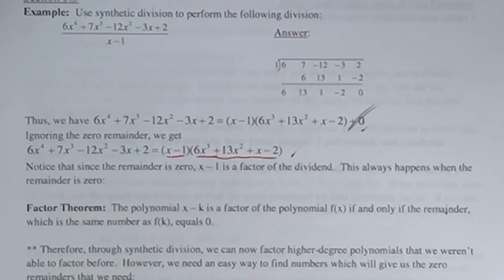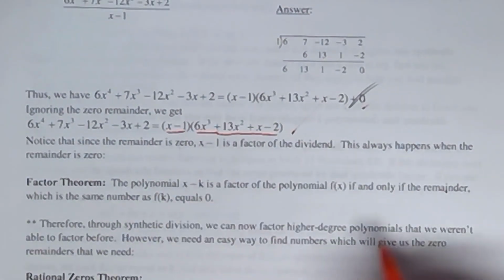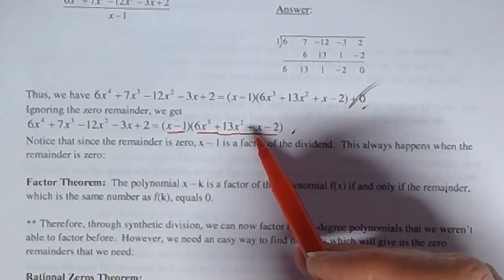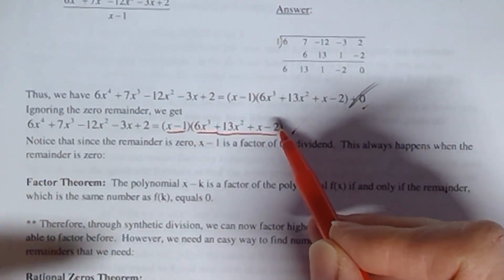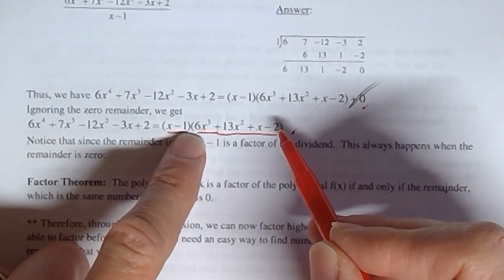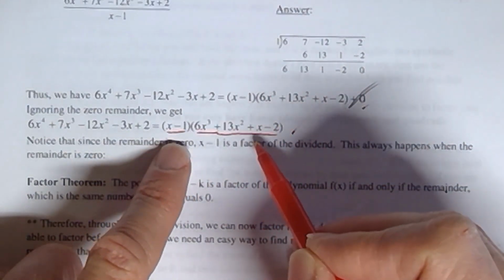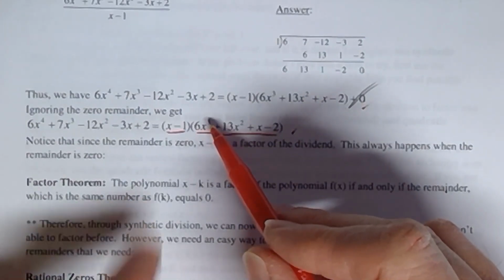So what's really cool about that is that through synthetic division, we can break down these problems by getting these 0 remainders and getting these brackets. And then what you can do is take the bigger bracket that's still left over, not the one that has the x minus the k number, but the bigger one where you've got a higher degree than just x to the first.